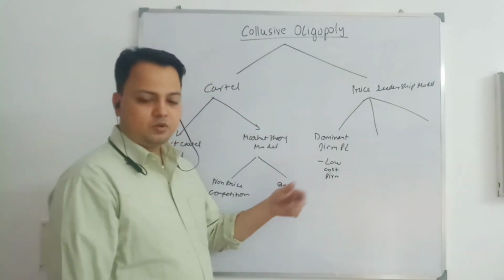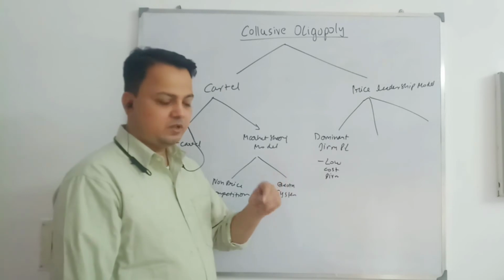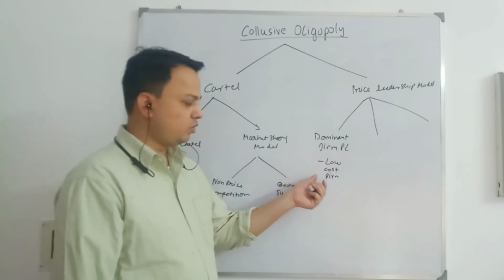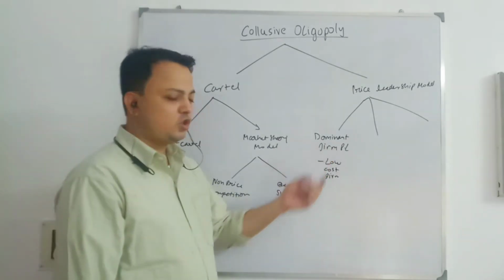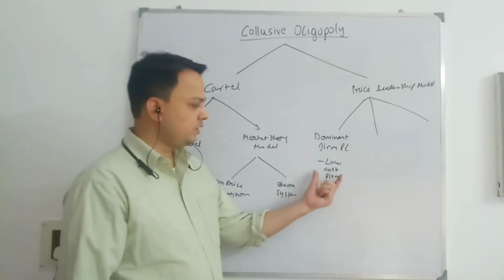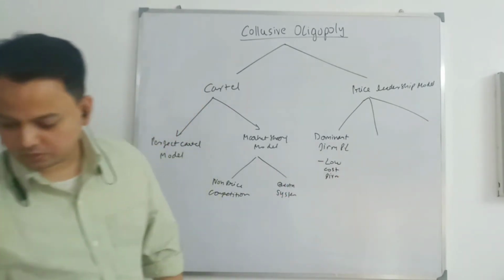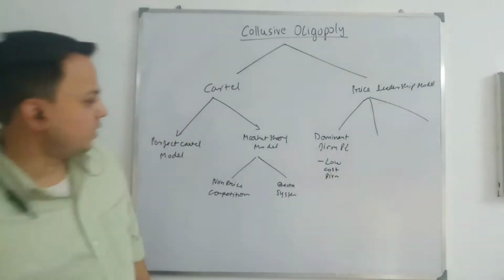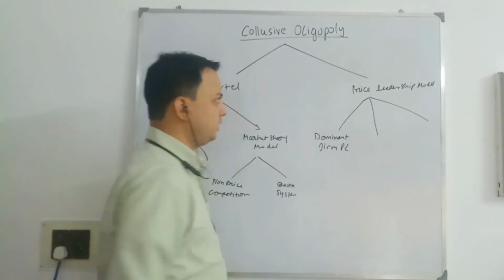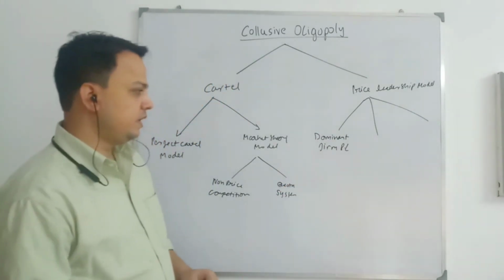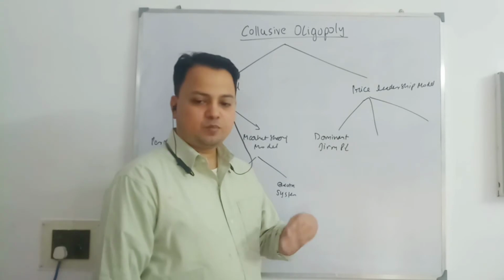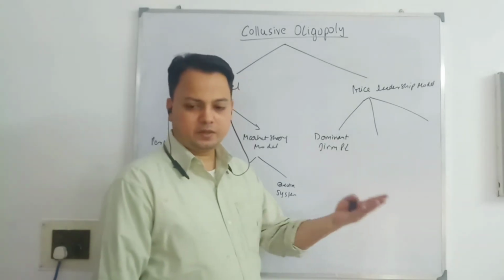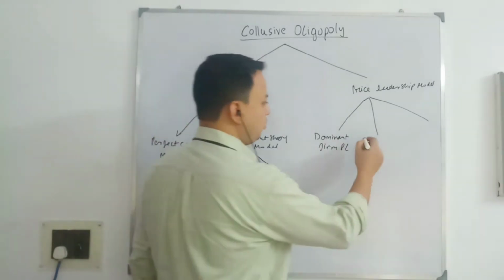If this firm doesn't have economies of scale, if it is not able to produce per unit output at a lower cost than other firms, it cannot maintain its dominant position. So this assumption will be implicit. The second thing in the price leadership model is that leadership comes spontaneously due to technical reasons, say low cost of production.